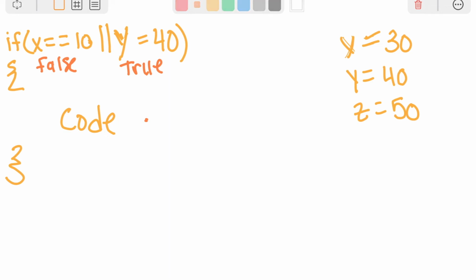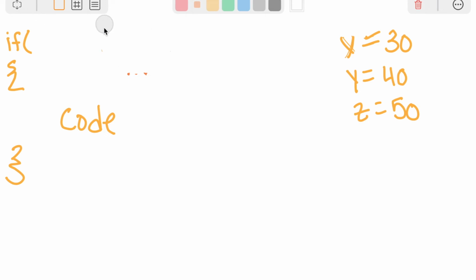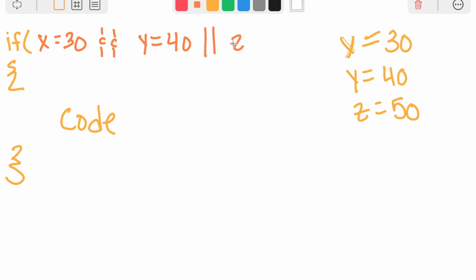So let's just do another one here. Let's say we have X equals 30 and Y equals 40 or Z equals 60. And this is pseudocode. I know it's not exact right syntax for any language, but this is just pseudocode.